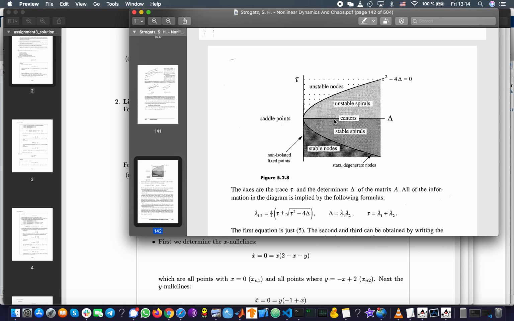If tau is 0, then it is on this line, which means that this is the center, those oscillations.